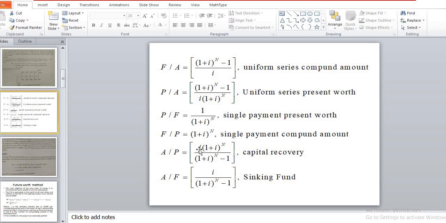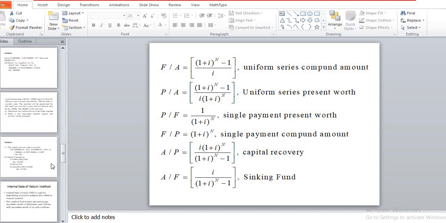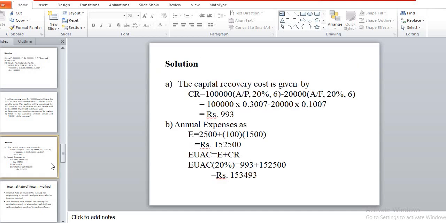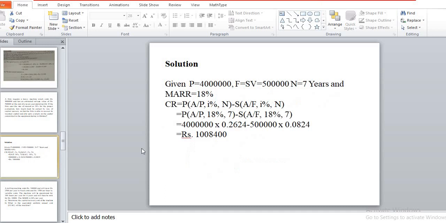For a particular interest rate I and a particular period of time N, we put the values of I and N into this formula, find the A by P factor and the A by F factor, and put them into our numerical. And we can find the particular value of capital recovery.